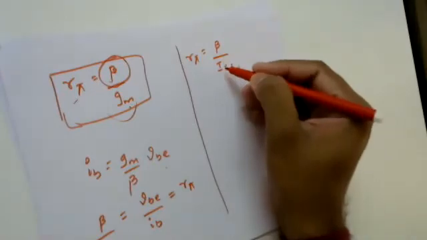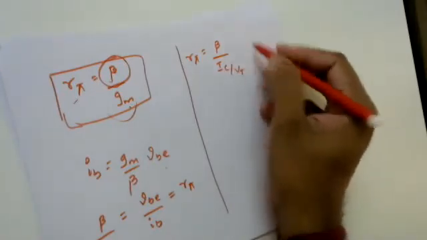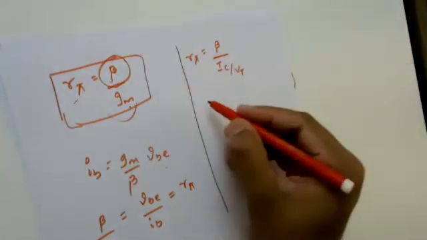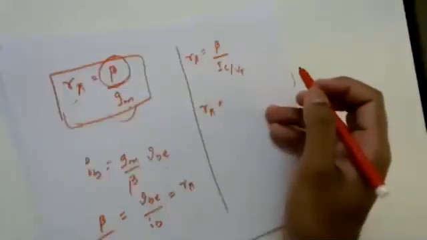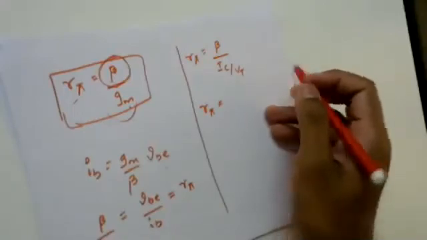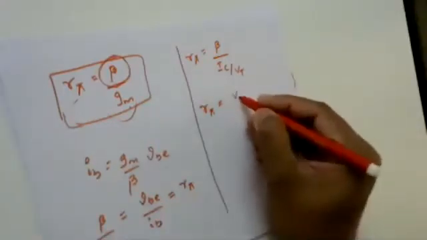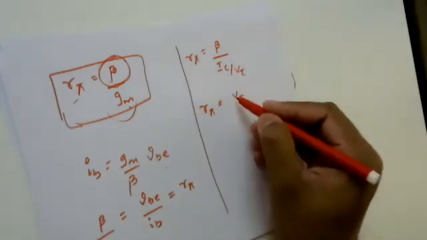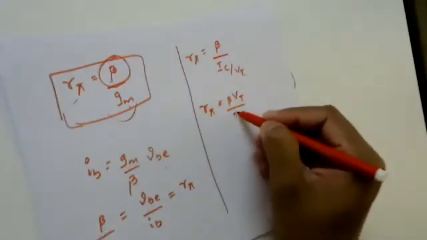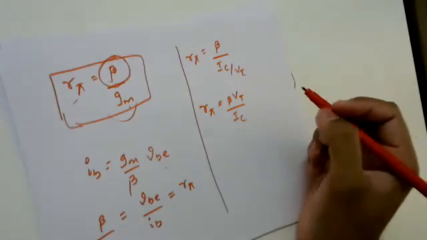So it is A divided by B by C, and this term goes to the numerator. So R pi is equal to VT, beta by IC.